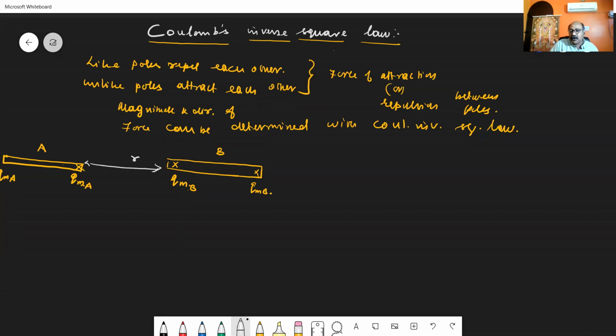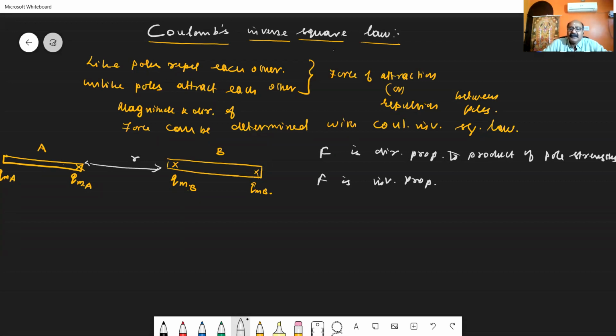Now, if you want to calculate the force of attraction or repulsion between these two pole strengths, it is stated that the force between the two pole strengths is directly proportional to the product of the pole strengths, and inversely proportional to the square of the distance between them.